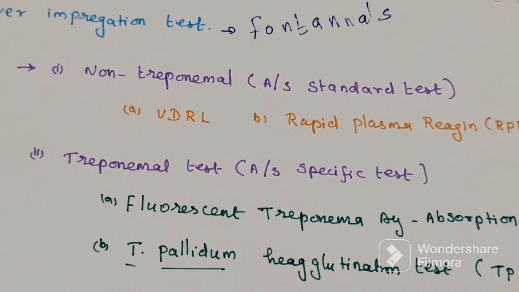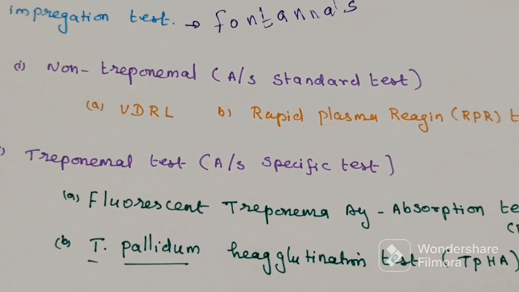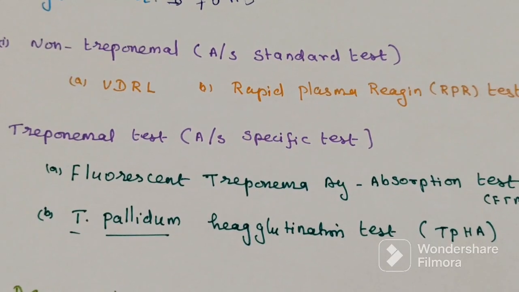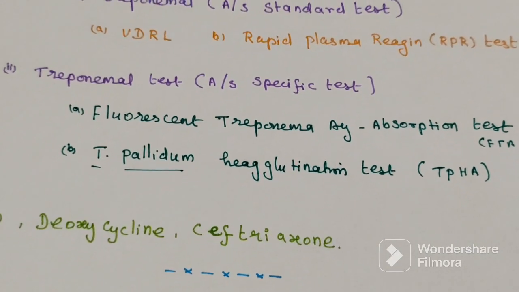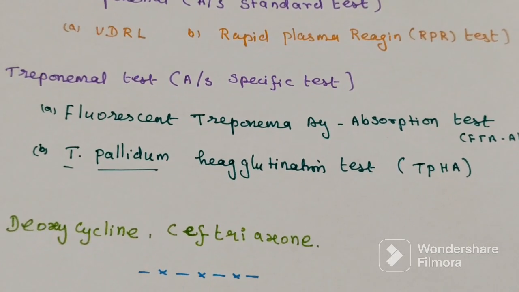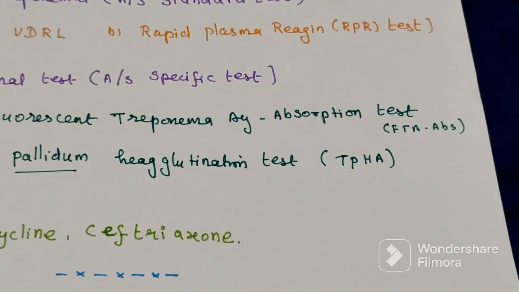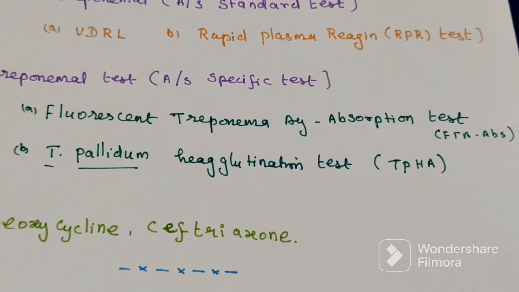Then treponemal tests, also called specific tests, are used for confirmation. Specific antibodies are detected using Treponema pallidum antigen. It consists of the fluorescent treponemal antibody absorption test, which is the gold standard test.